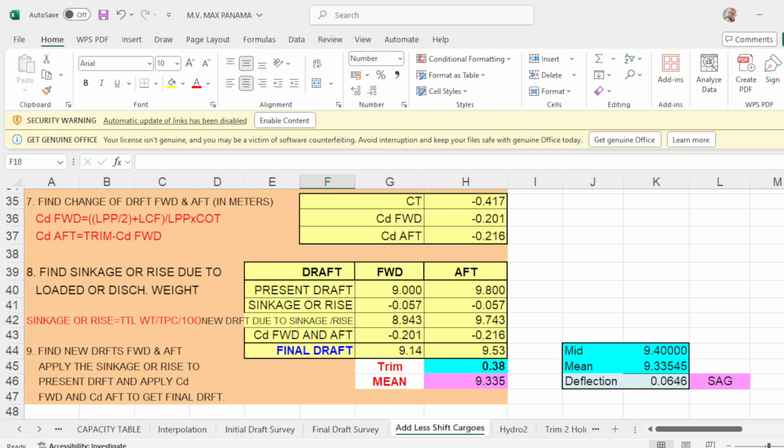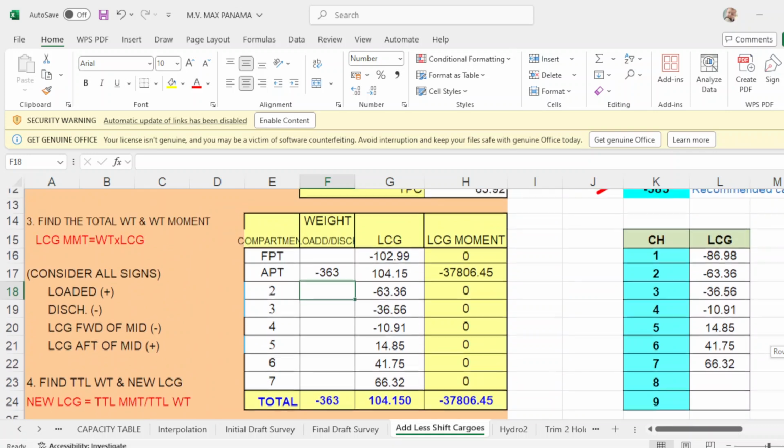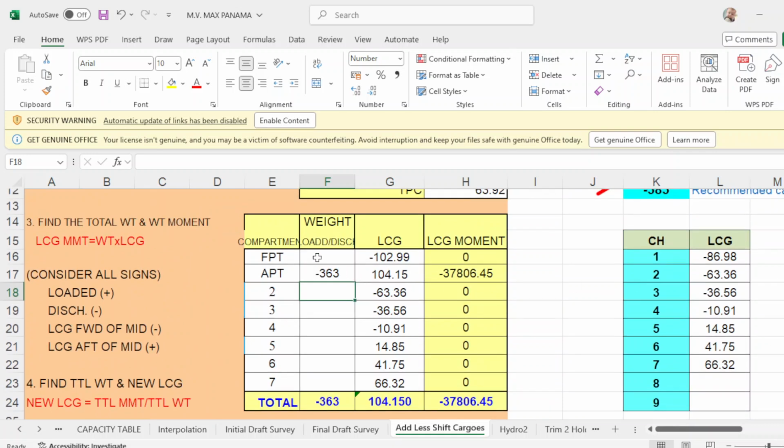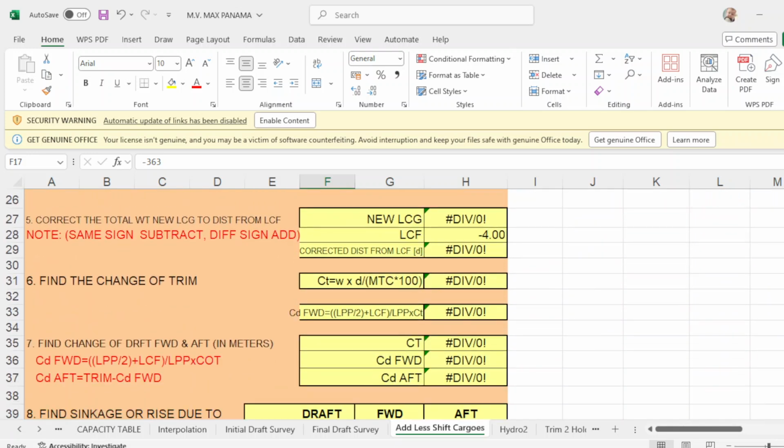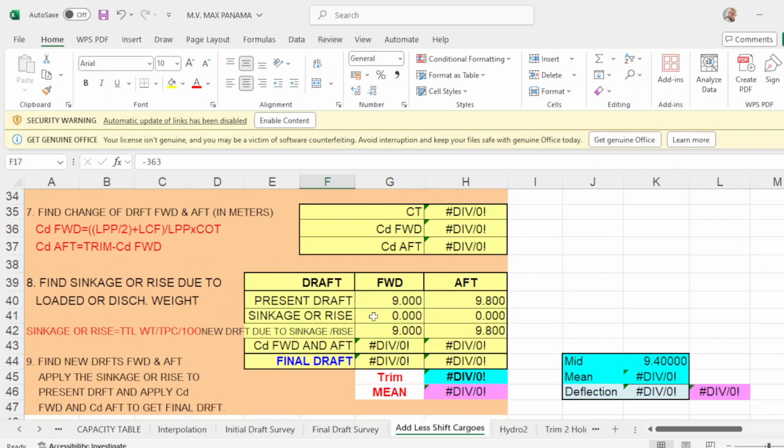Then you put your ballast to fore peak tanks so that you will have even keel. So you put 363, the same amount, and what happens? The program or the computer will not read the value, okay, up to the drop.